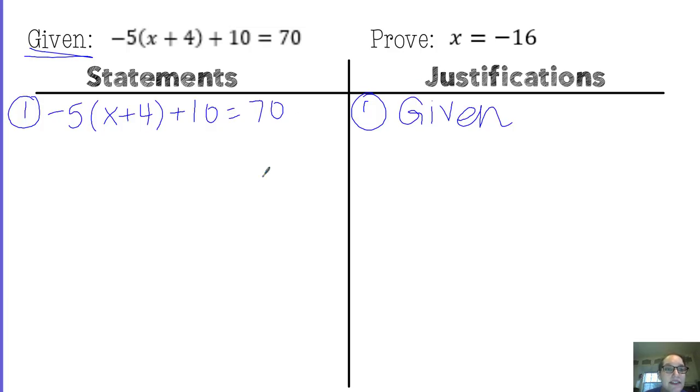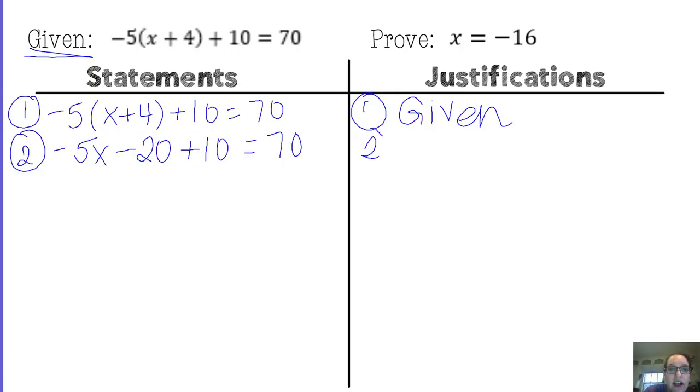Okay, now I want to think to myself, if I'm trying to solve for x, I'm trying to get x all by itself. If this was my equation, what would be the very first thing that I did? So I see this -5 outside the parentheses. So my next statement is I'm going to distribute that -5. That would give me -5x, -5 times +4 is -20, plus 10 equals 70.